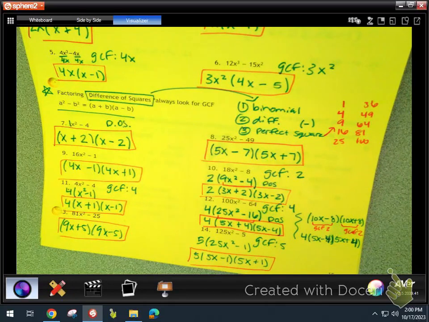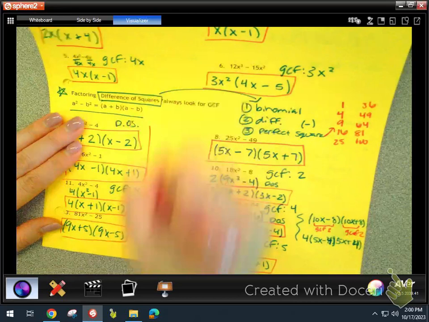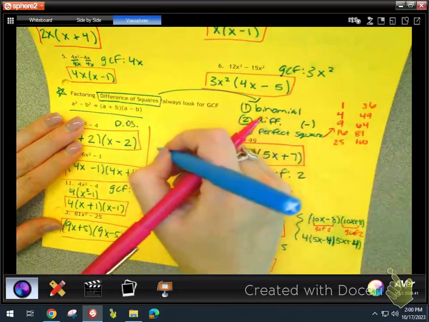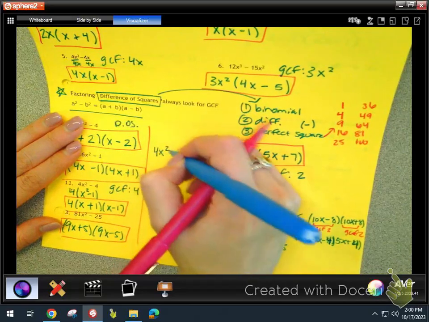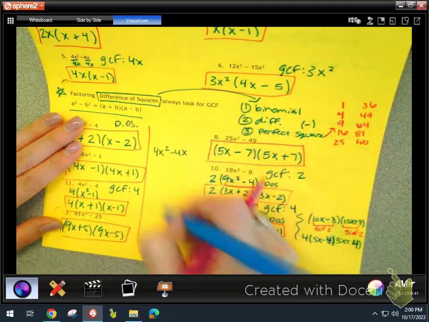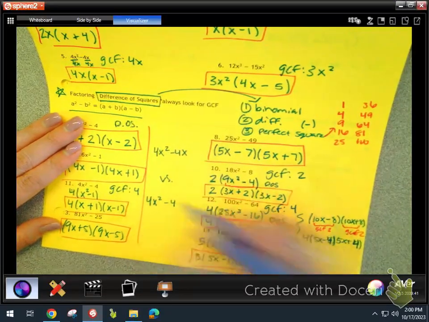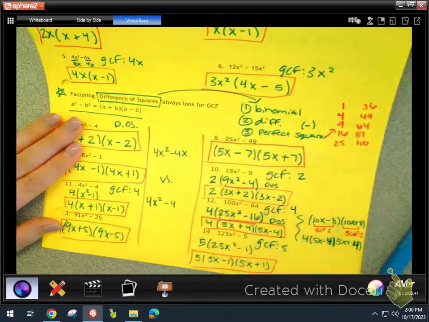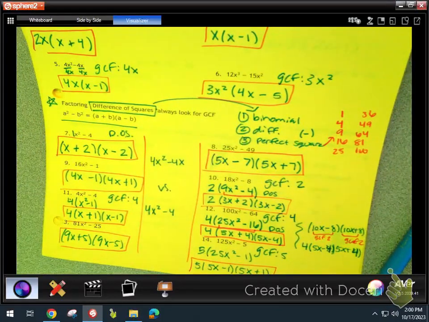Now let me show you a problem. I'm going to write in this space right here. Tell me the difference between 4x squared minus 4x versus 4x squared minus 4. Because we put this on stuff before, and people miss it.